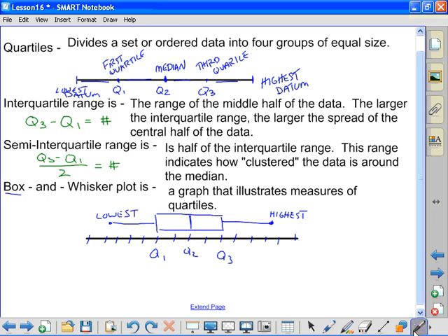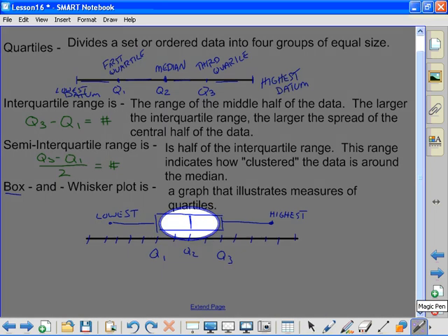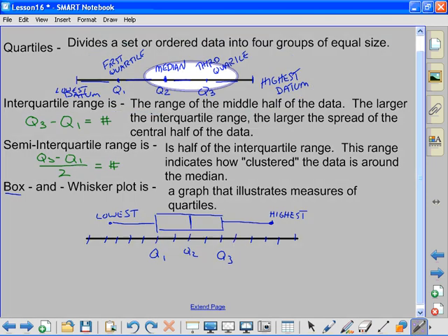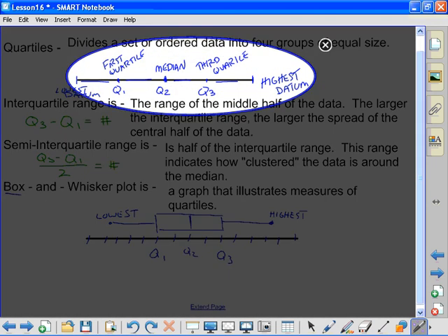So again, the box and the whiskers. Our whiskers are the edges. That's another illustration of the diagram up here. It's just a visual aid, another way to represent the data.